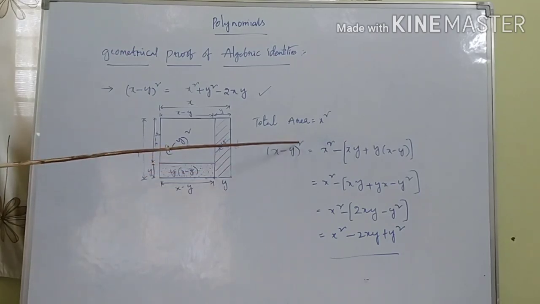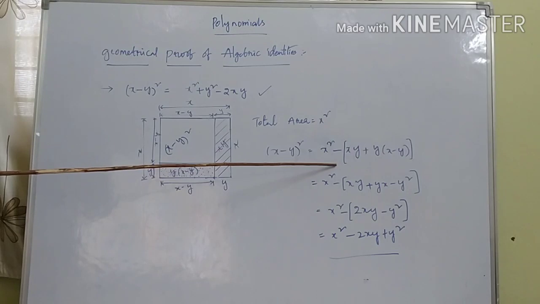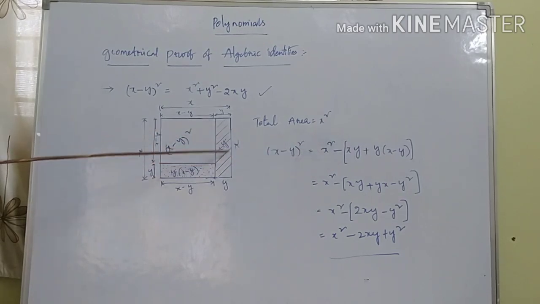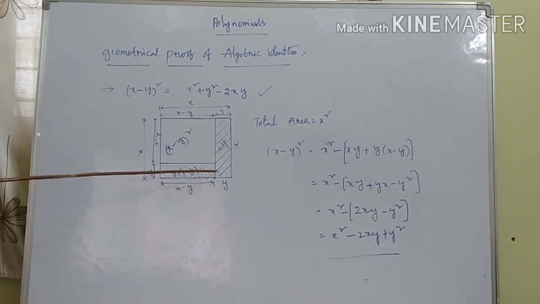So (x − y) whole square is equal to x² − xy − y(x − y), that is x² − xy − xy + y², since x into y is the same as y into x.